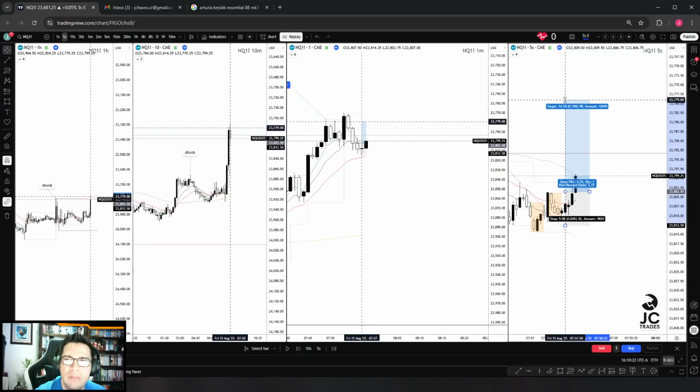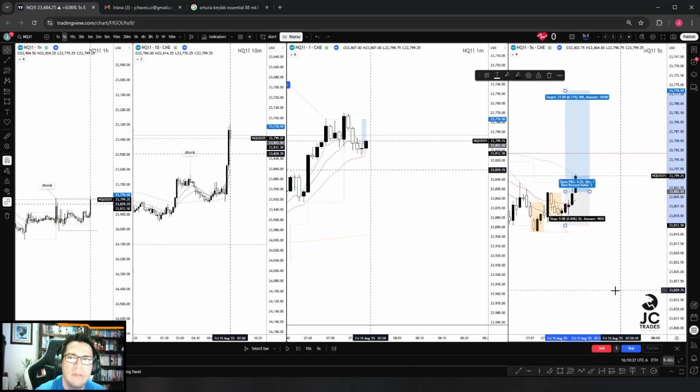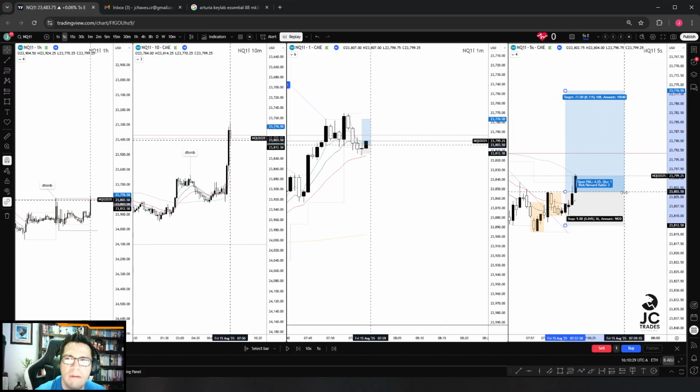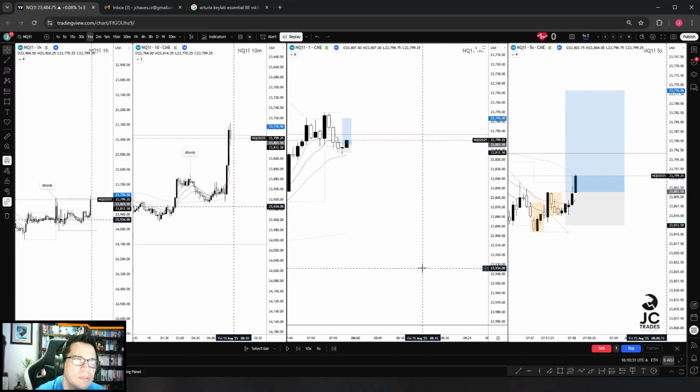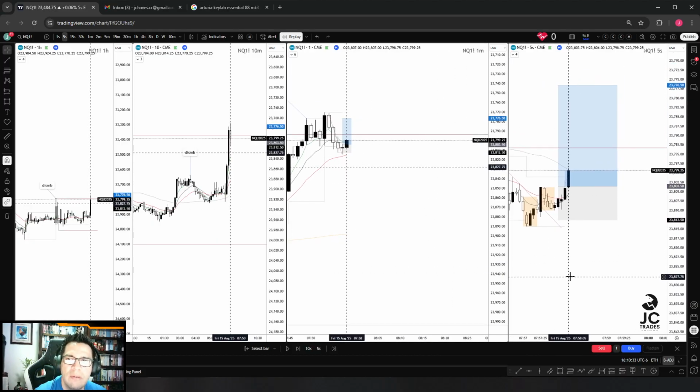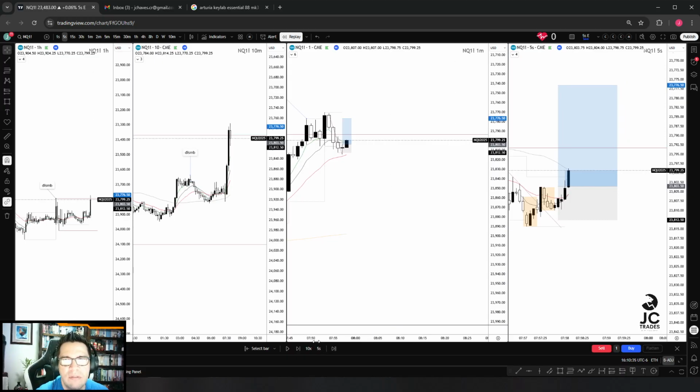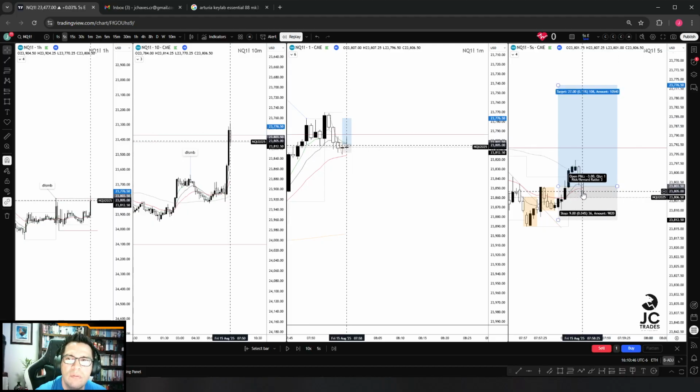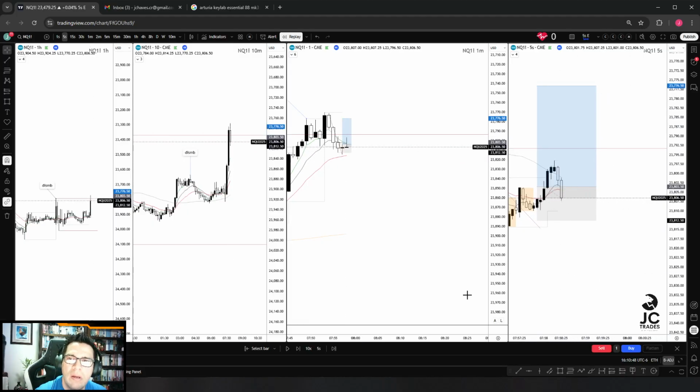Normally we go for a 1 to 3. So this would have been the entry. So let's take a look at how that one would develop, and based on our rules in terms to go to break even. So at this point we're gonna play price. So now we have a move below our entry point.